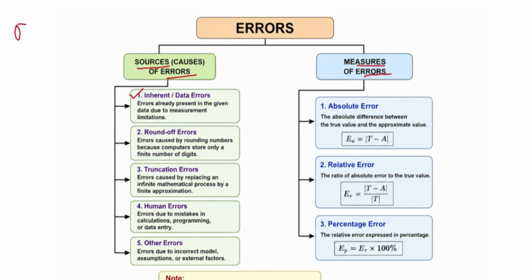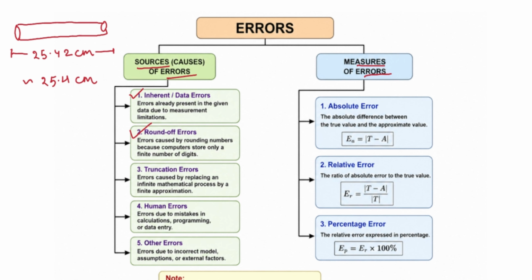For example, if I take a rod whose exact length is 25.42 centimeters, but the measured one is 25.4 centimeters, then the error already exists in the measured data. Even if we use a perfect numerical method, this initial error can't be completely removed because it is present in the input itself.